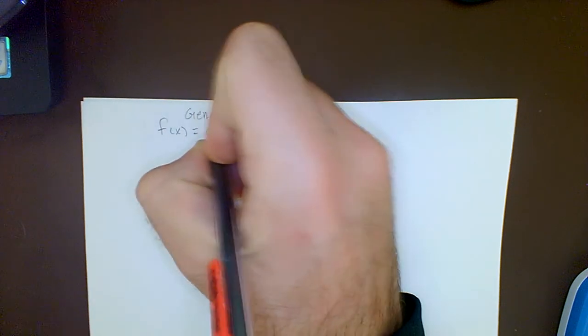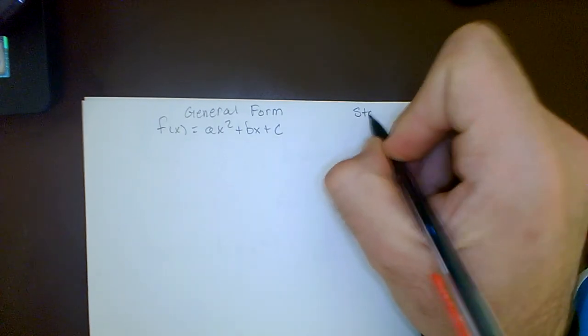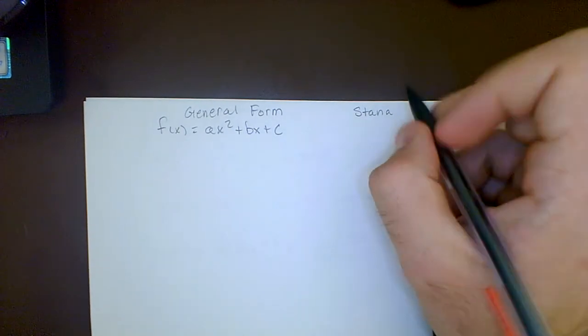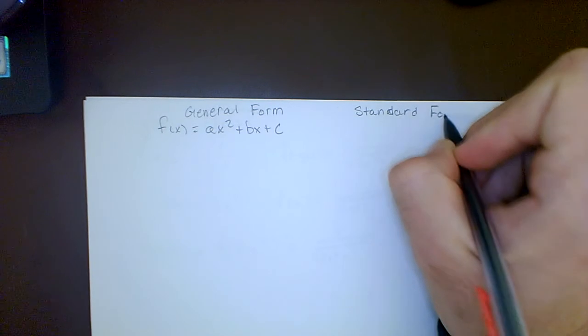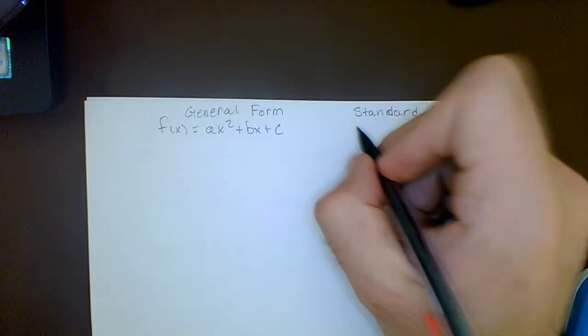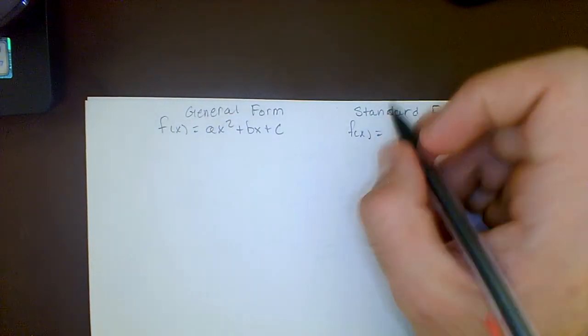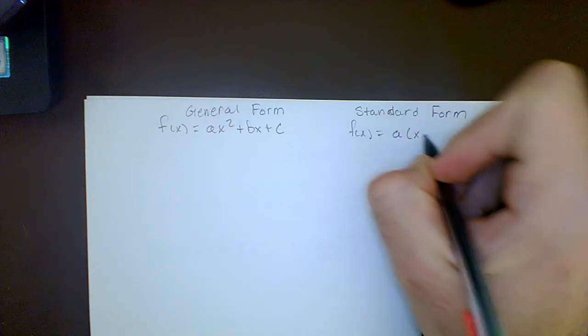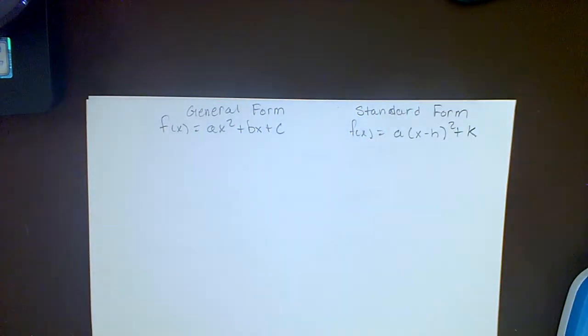This is the general form. There's another one that's standard. That's f of x equals a times (x minus h) squared plus k.